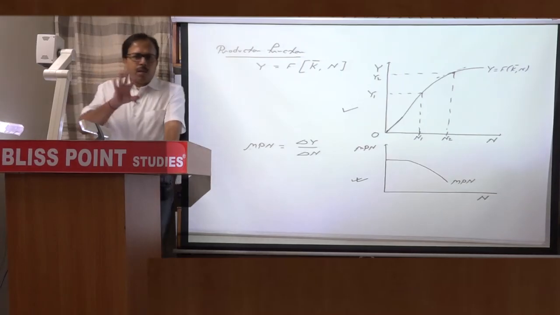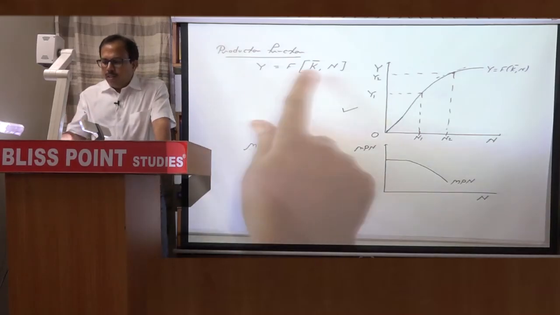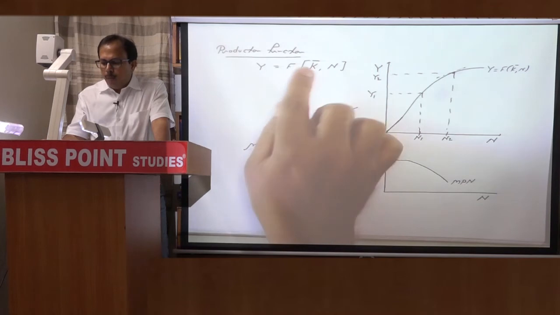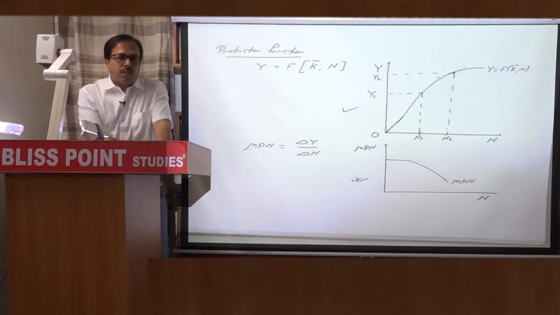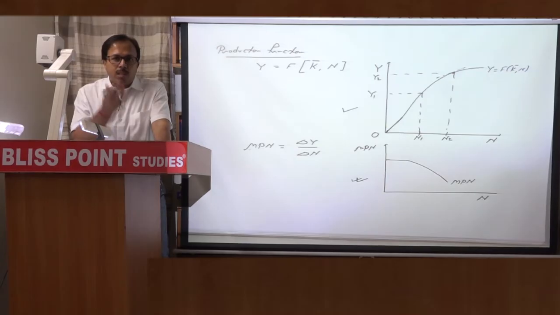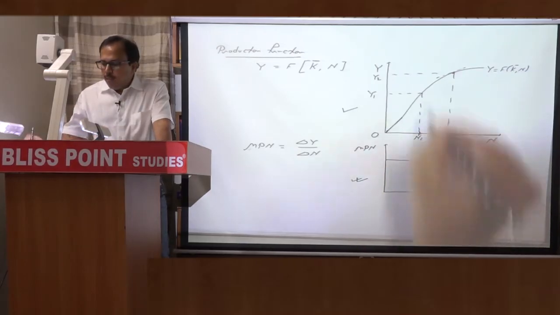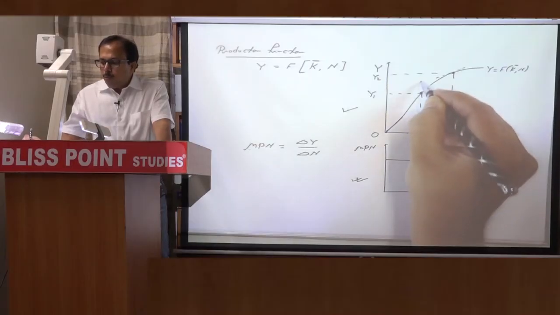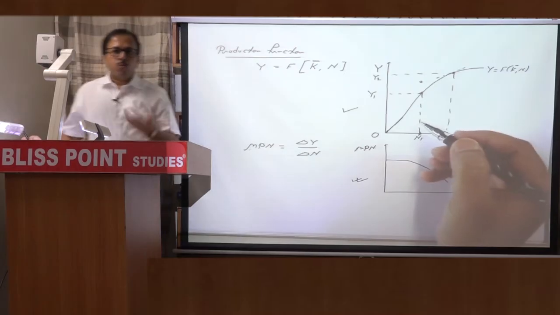So just remember, a relationship is there. We are assuming a specific relationship, and we have considered that capital is constant. Technology was also constant. So if those constant factors change, like the stock of capital changes, then the same labor can produce more output. With more machinery, the same labor will become more productive, so they can produce more output.